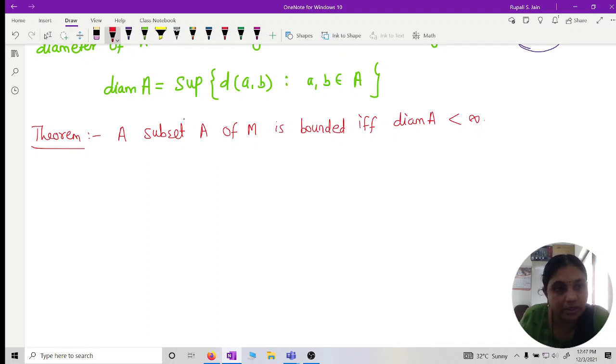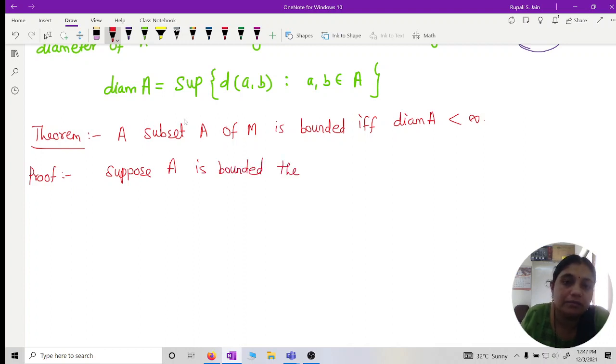So suppose A is bounded. Then there exists x belongs to M and r greater than 0 such that A is totally contained in Br at x.